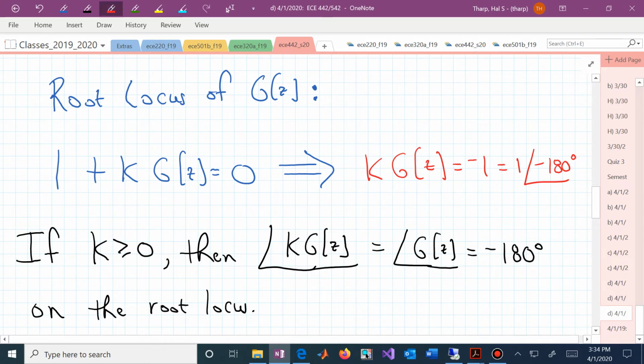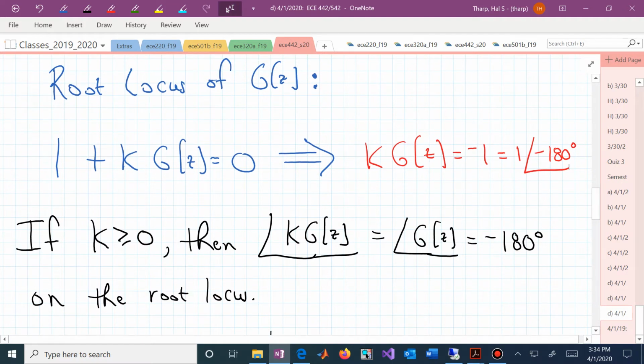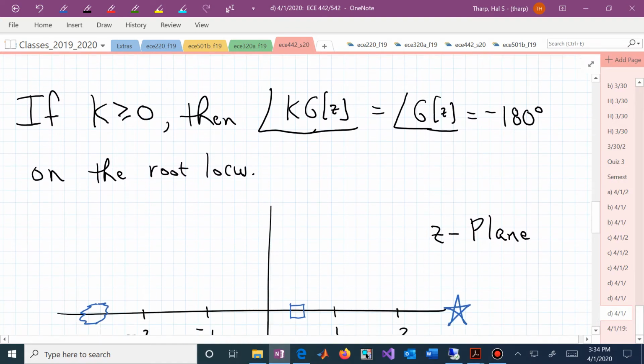We now want to know, when is the angle of G going to equal minus 180, and that says that for all values of z that satisfy this equation, their angles, when plugged into the appropriate G(z), whatever our plant is, if those angles all sum up to minus 180, then those values of z in the complex z-plane will live on the root locus.